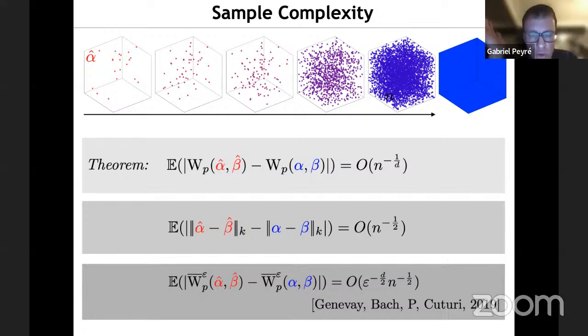But of course, if you know more about alpha and beta, there is no contradiction. If you know that alpha and beta are very smooth, for instance densities which are differentiable up to order D, so super smooth according to the dimension, then it's easy to show that there are techniques to break the curse of dimensionality.